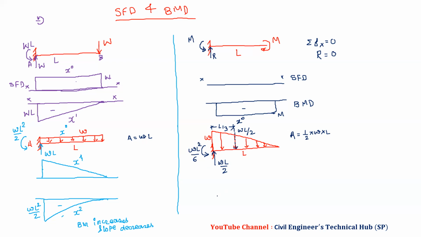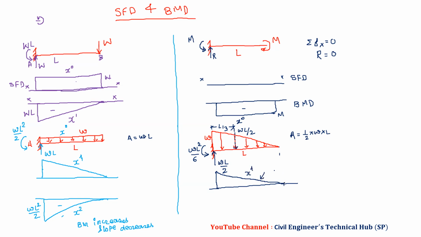Now first we will draw SFD. Now how will we plot SFD? In this fashion. Now we have to draw the couple. You can see in the first part, the decrease is large. If load decreases, slope decreases. Means our diagram for UVL will be in this fashion, and this is x to the power 1.